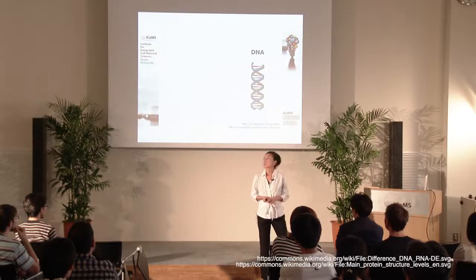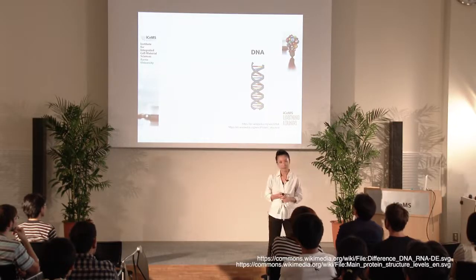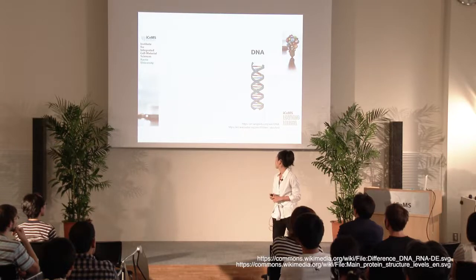So as you know, you resemble both of your parents, just because you inherit a mixture of genetic information from both your mother and father. And this is what our genetic information, DNA, looks like.